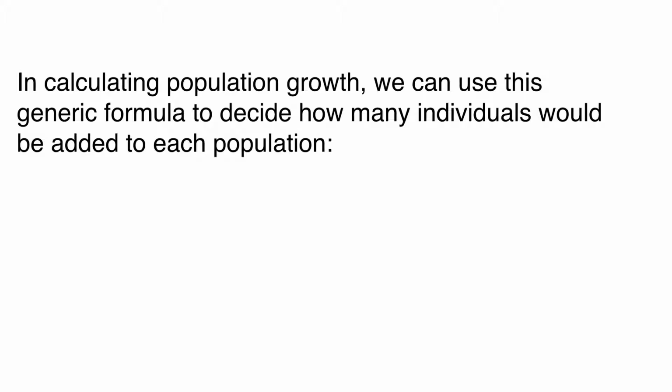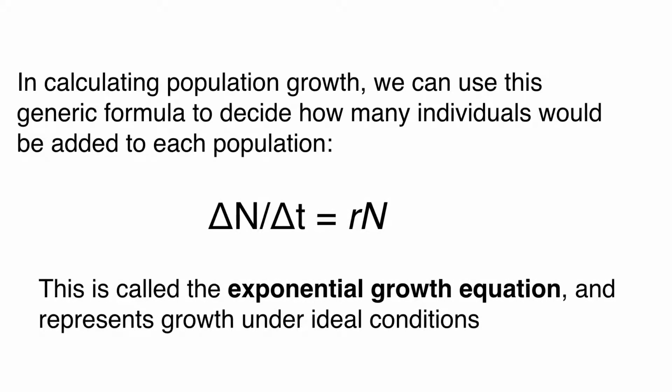When we're calculating population growth, we can use this generic formula below to decide how many individuals would be added to each population. We already said that R is our growth rate, and this is called the exponential growth equation. This represents growth under ideal conditions. On the left side of this equation, you see delta N, that's the change in population size over the change in time.